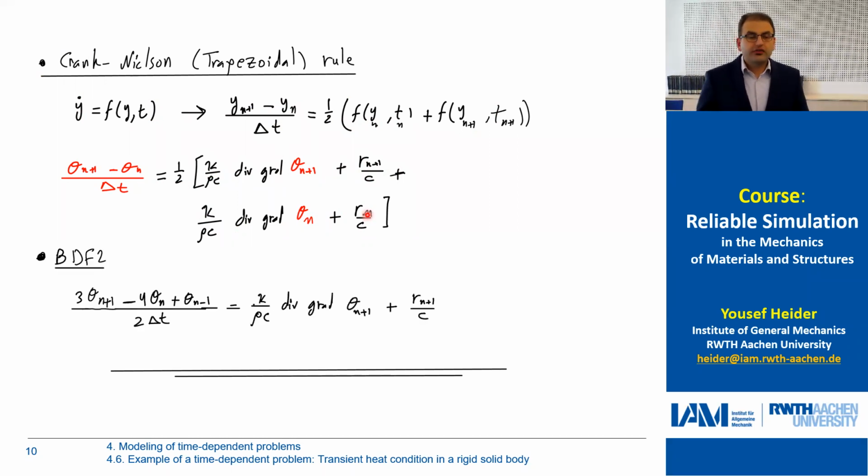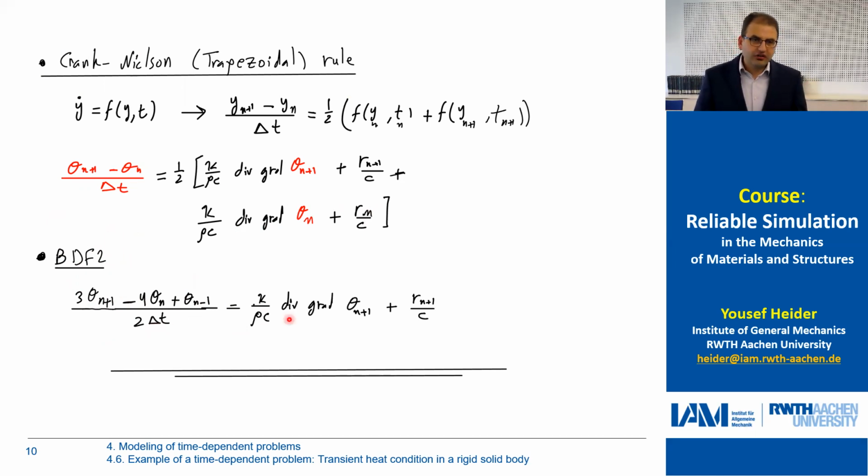If we want to apply the backward differentiation formula of second order, which is, as I said, in FlexPDE, then there is some change on the left-hand side, because this is a multi-step method and we need information from two previous time steps. It's formulated as follows: (3 zeta_{n+1} minus 4 zeta_n plus zeta_{n-1}) divided by 2 delta t.